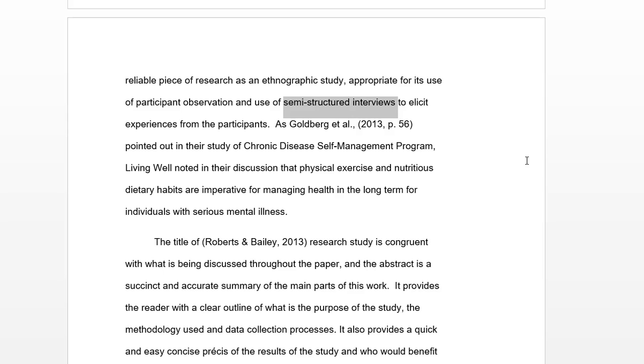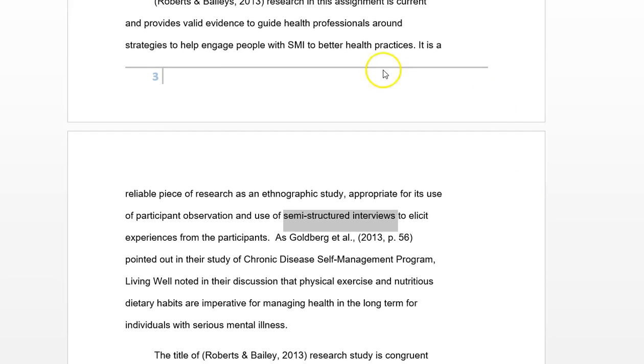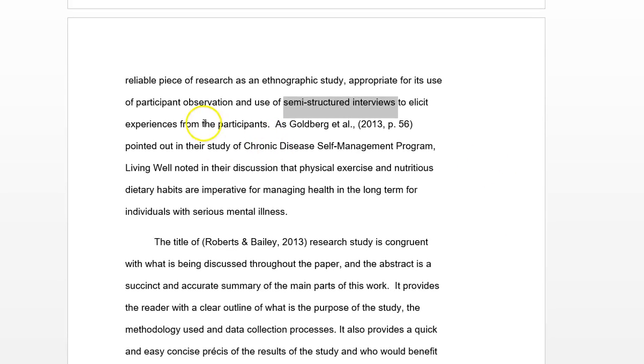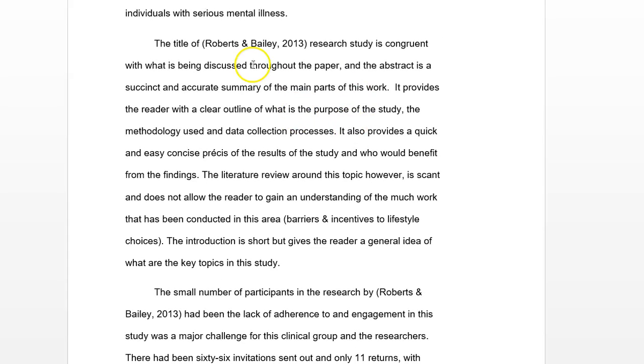Is it really appropriate? Is it a reliable piece of research? There's no evidence for that. We do not know whether they should be having some other types of data collection techniques undertaken, because that is not evident.